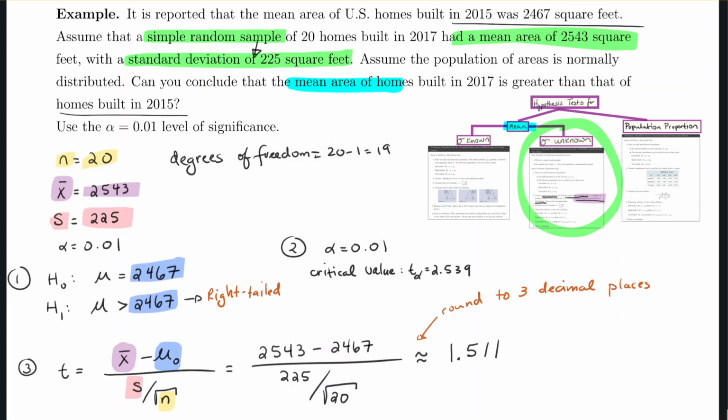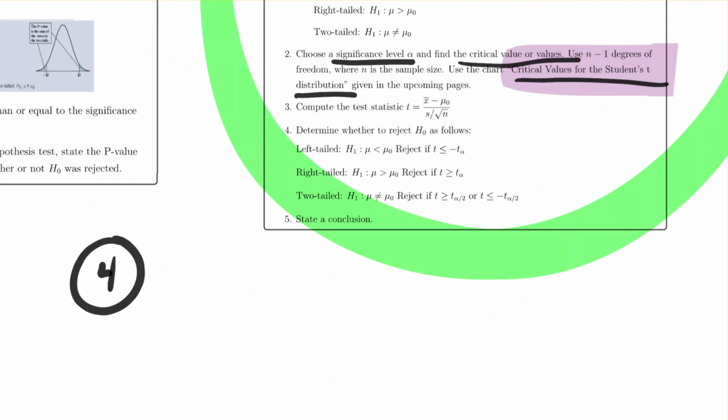So finally, since we're dealing with the critical value method, we just need to figure out whether the information we have gathered tells us to reject or fail to reject H0. Looking at the steps described here, step 4, well, we found that our test statistic was 1.511.